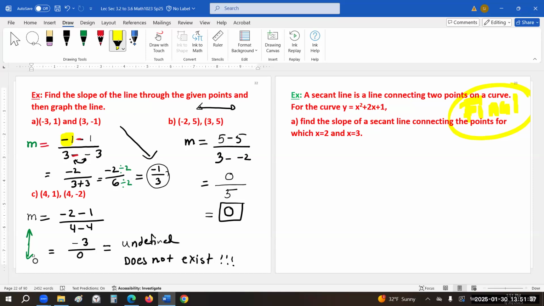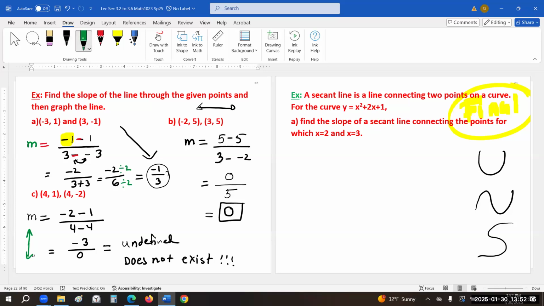For some reason, they love this question. It's a little bit confusing, but main idea here is that if you have any type of curve, it could be a parabola, it could be something like this, or it could be something like that. It doesn't matter what you have. If you have any type of curve, then a secant line is a line that connects any 2 points.